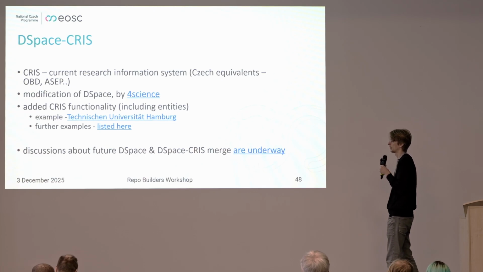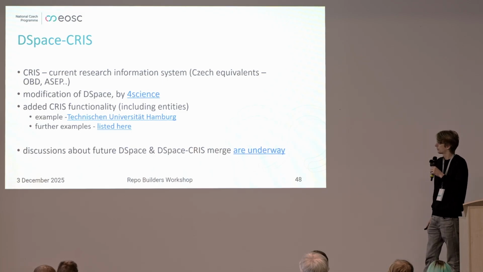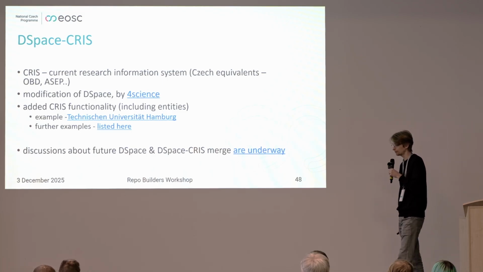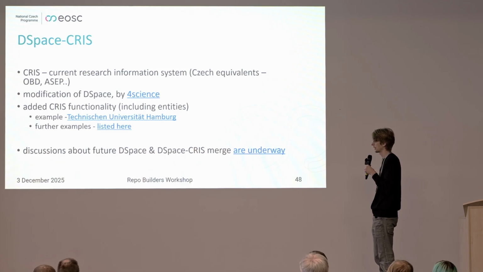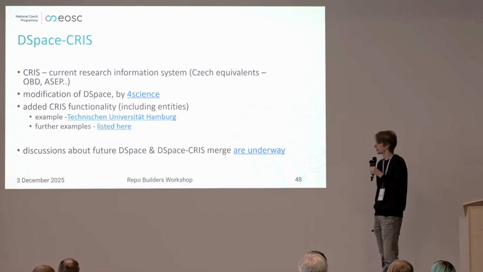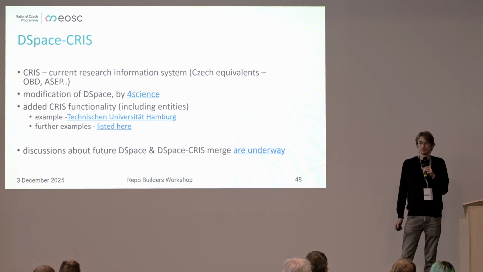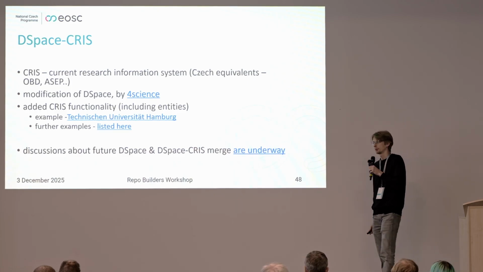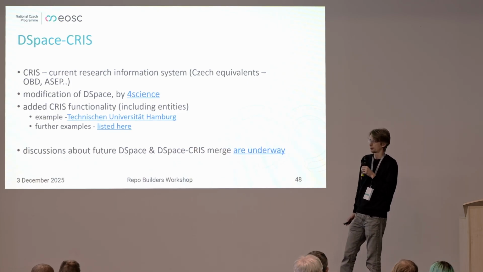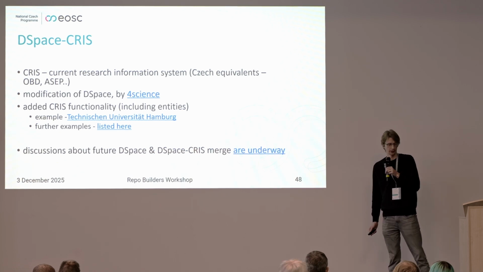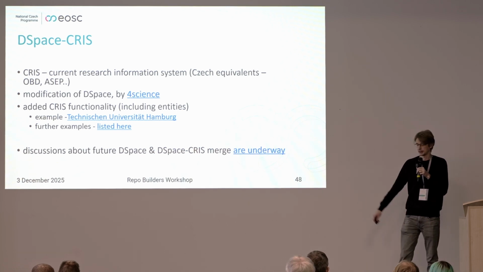You can imagine it as something like OBD or ASEP in the Czech Republic. It was actually done by Italians, and they added some interesting functionalities. For example, they are better able to work with profiles of authors or organizations and stuff like that.